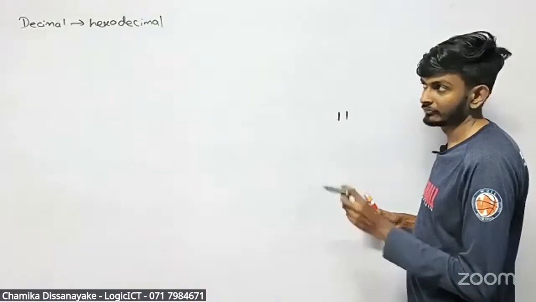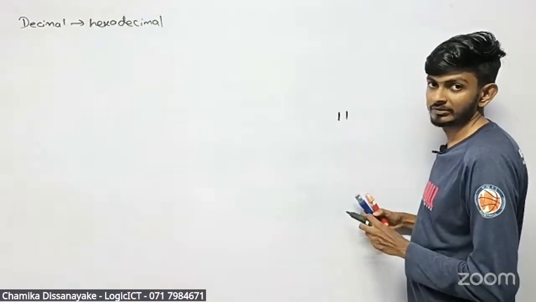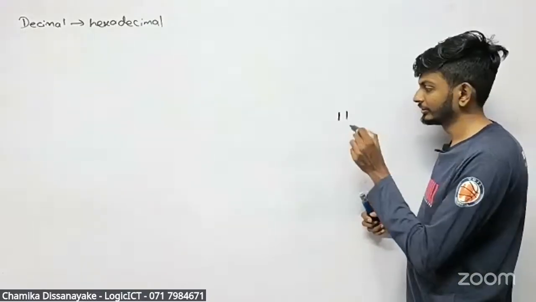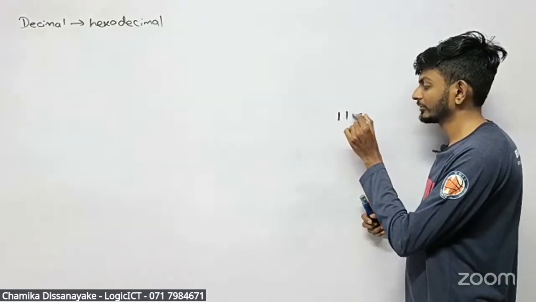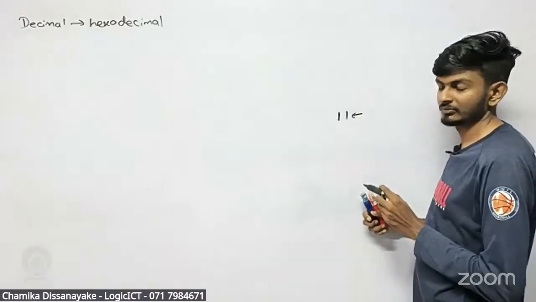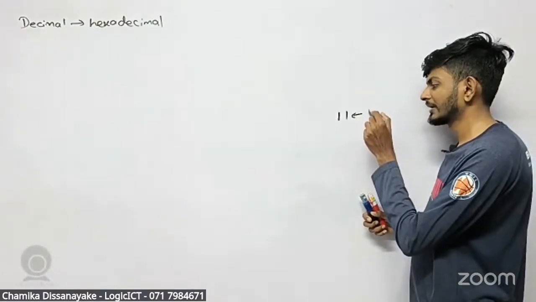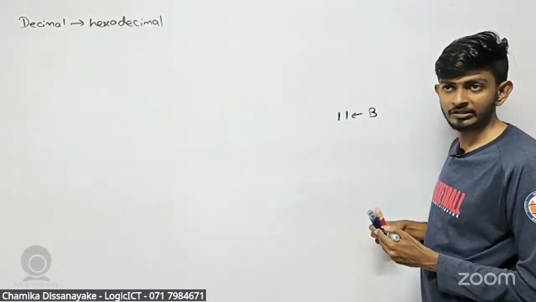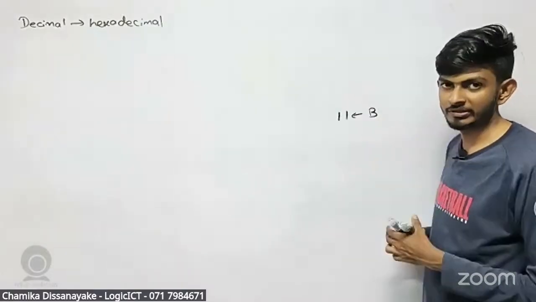So when we use hexadecimal, we have to assign a character or a symbol to represent this value. What is the character? B. Likewise, let's see when we do the examples.